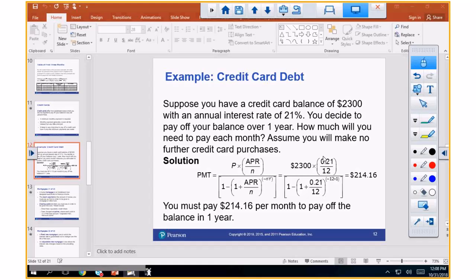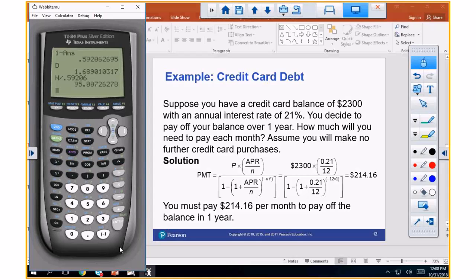So here we go. I'm not going to type it in, you don't have to. Just plug and chug. All the work is going to be done in your calculator. Okay? So get your calculator out and do it in steps, like I told you last time. So here we go.